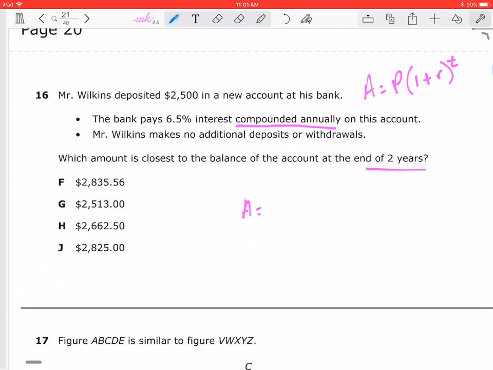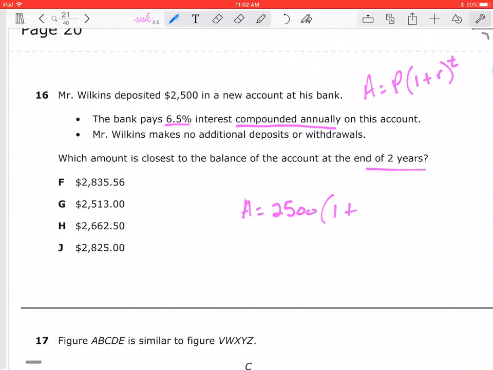My P is the principal amount in the account, or whatever we've deposited. That's awful handwriting, but it's okay. So that's going to be 2,500 times (1 plus. Now our rate is 6.5.